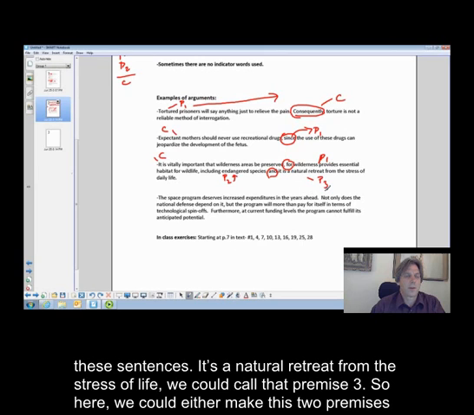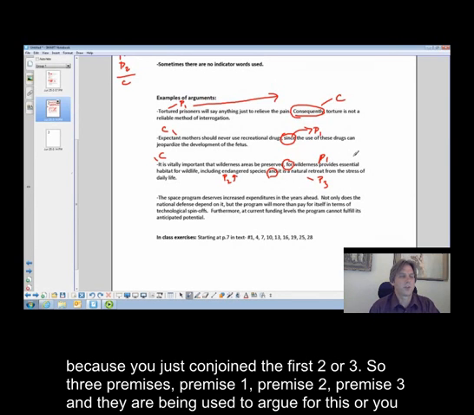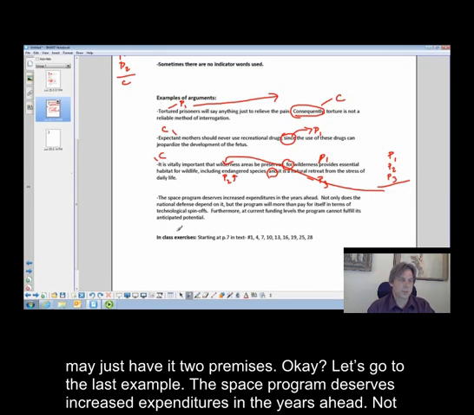We could call that premise 3. Okay? So here you could either make this 2 premises because you just conjoin the first 2, or 3. So 3 premises, premise 1, premise 2, premise 3, and they're being used to argue for this, or you may just want to have it 2 premises. Okay? Let's go to the last example.